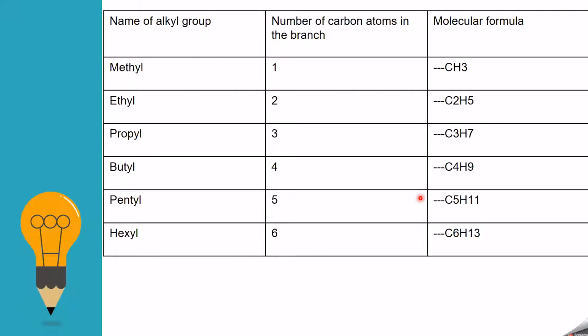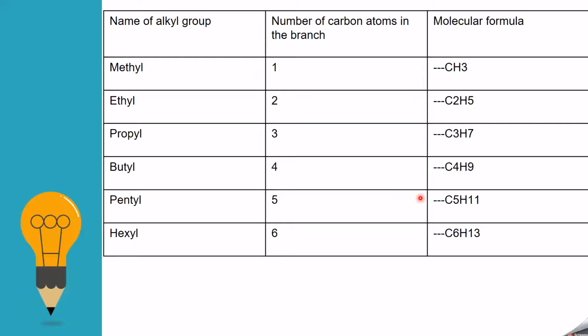So these are the names of the alkyl groups: methyl, ethyl, propyl, butyl, pentyl, and hexyl. You just need to memorize this, and it will help you later on in a couple of videos that we'll go through. As we looked at before, meth is 1, eth is 2, prop is 3, but is 4, pent is 5, hex is 6.